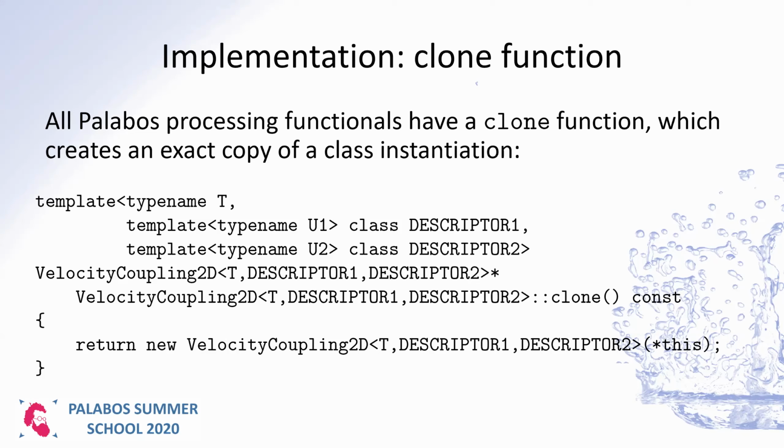And to extend well the capabilities of C++, Palabos expects from the user to implement a clone function for every class. Clone functions always look the same. They always look like the clone function you have on this screen, and it is a very technical aspect of Palabos. You are essentially going to copy-paste that one whenever you implement your own data processor.